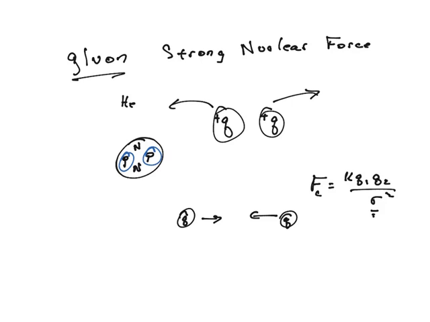So the smaller this R, the closer they are, the bigger the force. So as I get closer and closer, it's harder and harder to do. However, there comes a point where if I get them close enough to just about touch, all of a sudden, this new force called the strong nuclear force takes over, and they hold on to each other, almost like they're glued together.